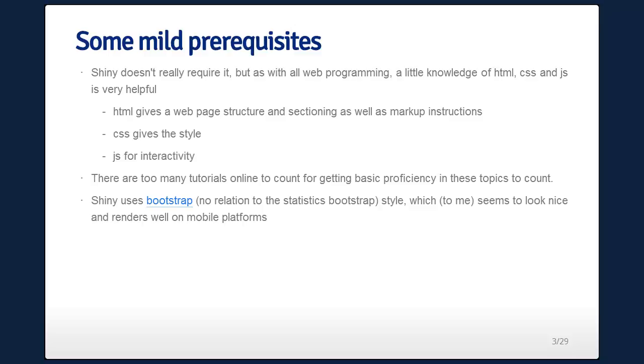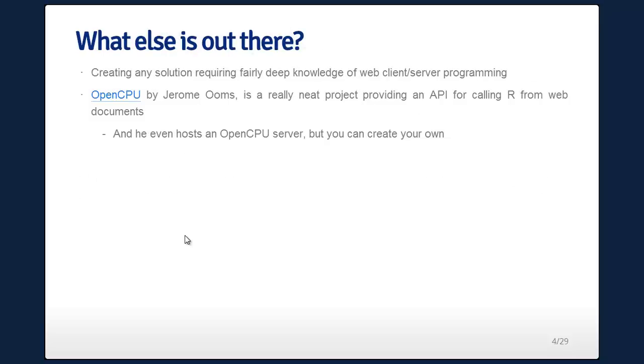And more importantly, whenever you develop a little Shiny app, it always seems to render nicely on mobile platforms automatically, which is the benefit of using this sort of highly polished style guide platform with Bootstrap. So look it up. I believe it's made by the folks at Twitter.